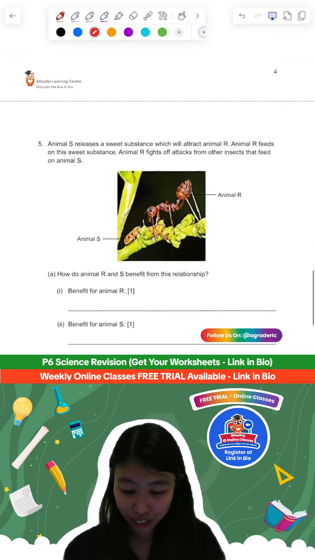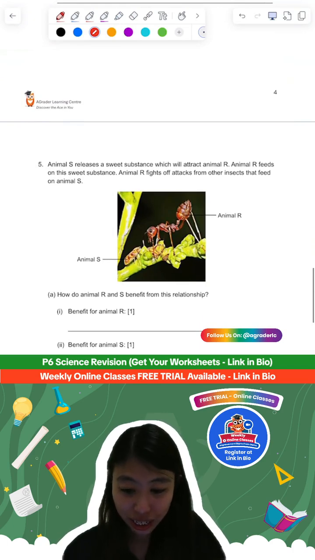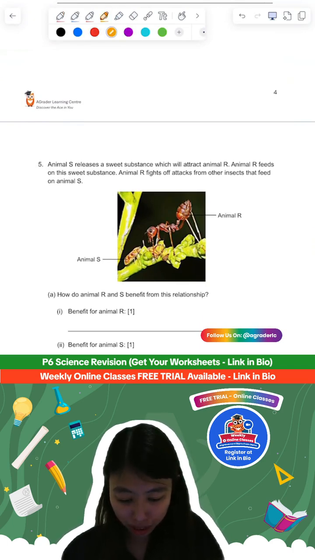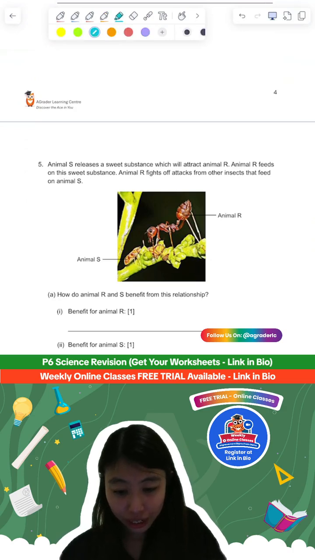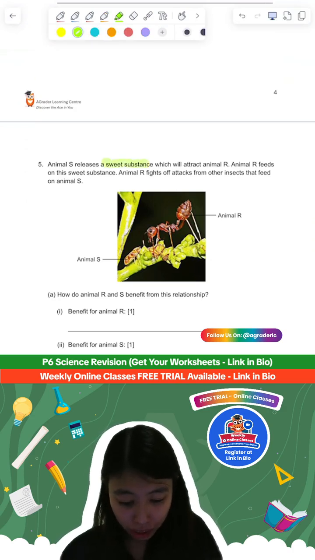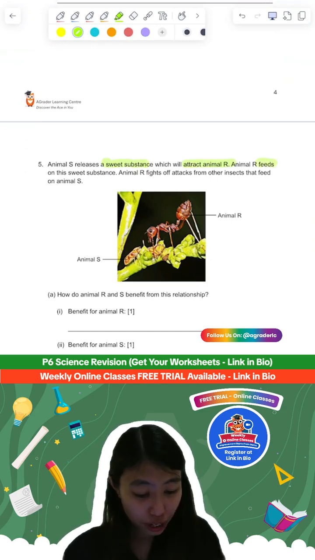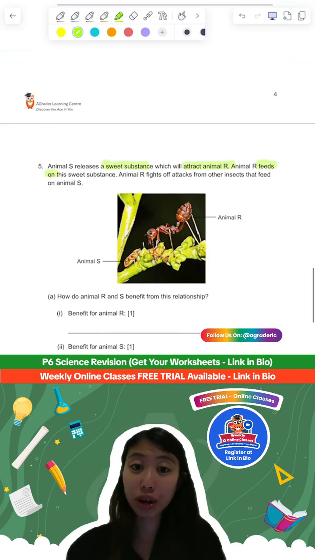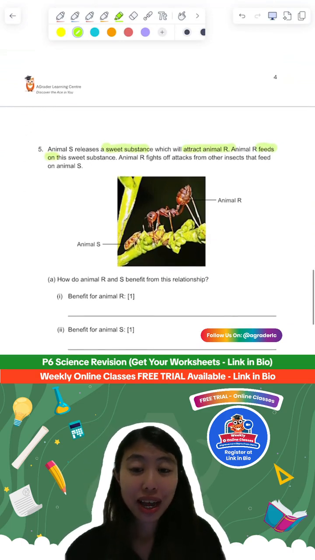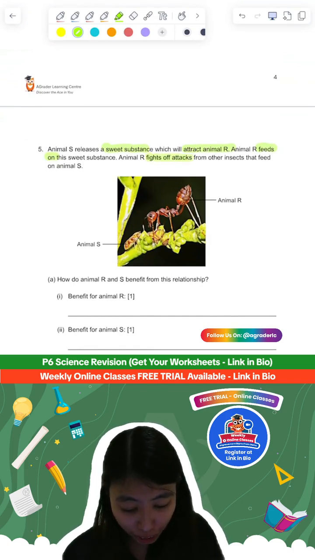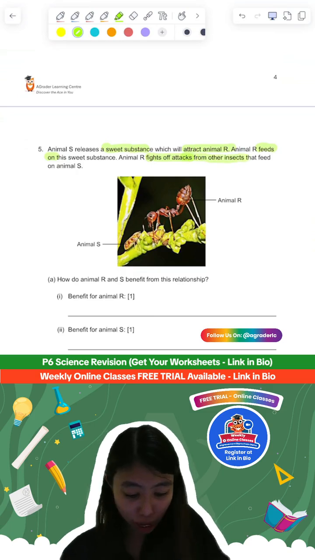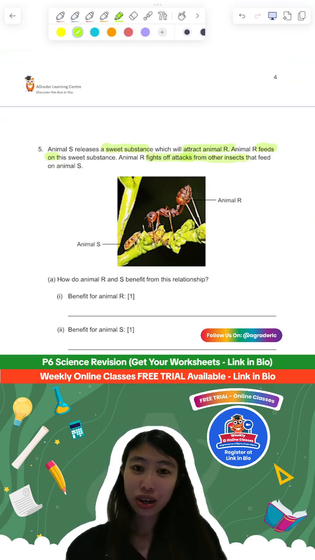Question five says that animal S releases a sweet substance, which will attract animal R. Let me highlight the key thing first. Animal R feeds on this sweet substance and fights off attacks from other insects that feed on animal S. Always remember to highlight the key points.